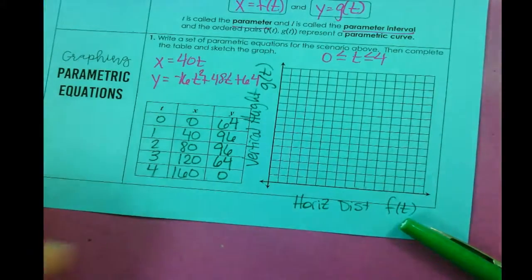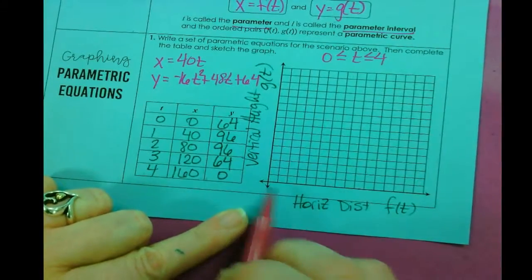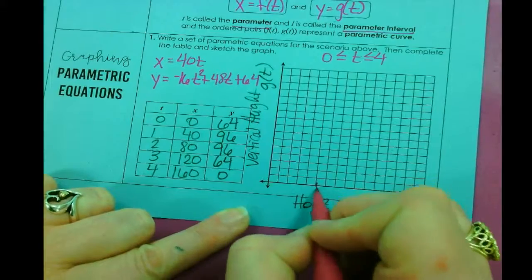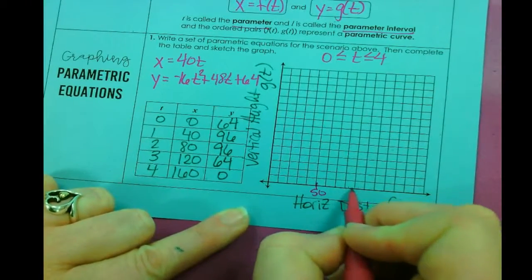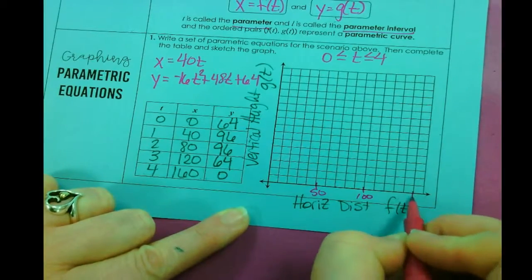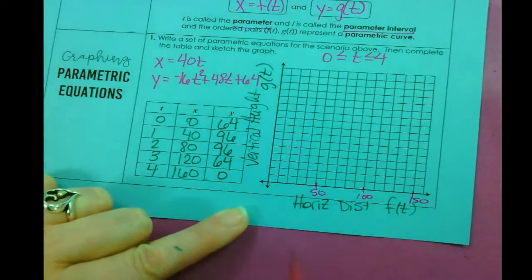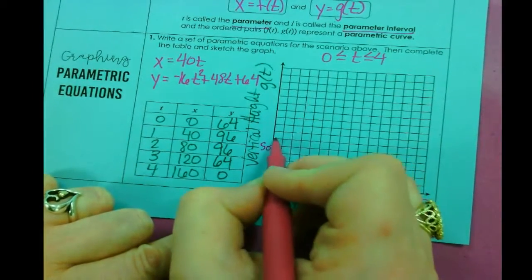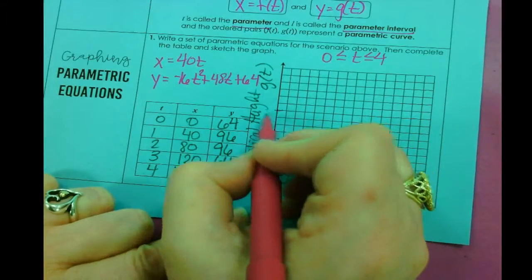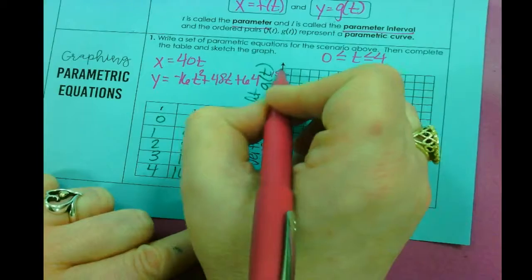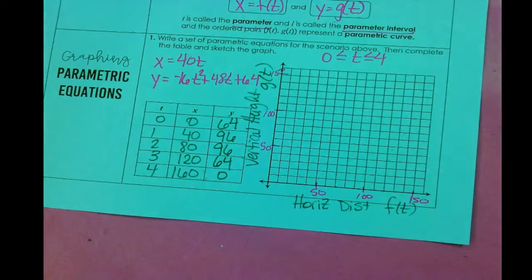And then if we mark these off, we can make every space 10. So I can go to 1, 2, 3, 4. Make this 50, 60, 70, 80, 90, 100, and 150. And do the same thing going up. It's 10, 20, 30, 40, 50. Okay. Everybody okay with that so far? Good? Sorry, I know I'm in the way.